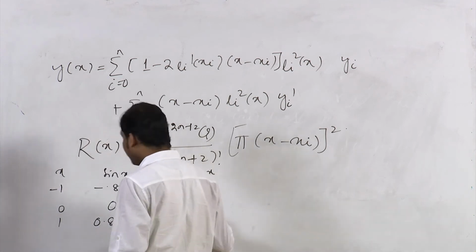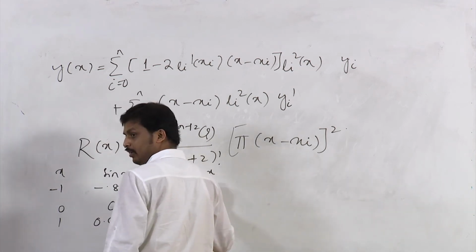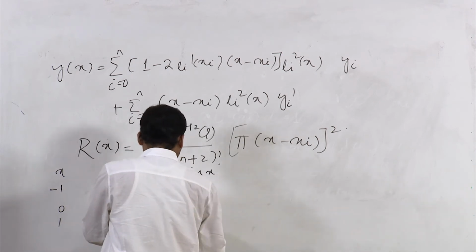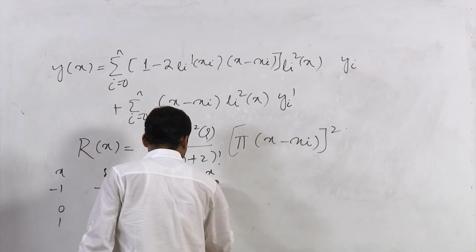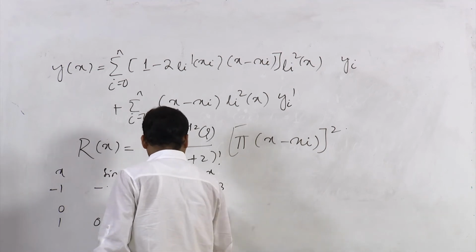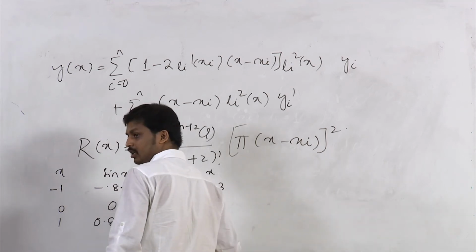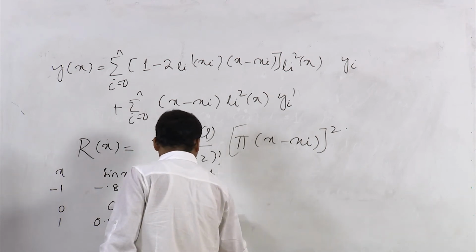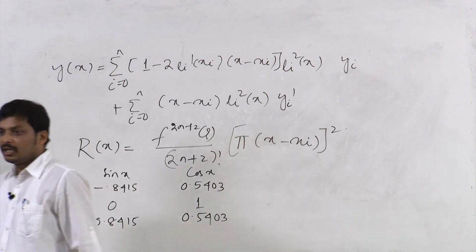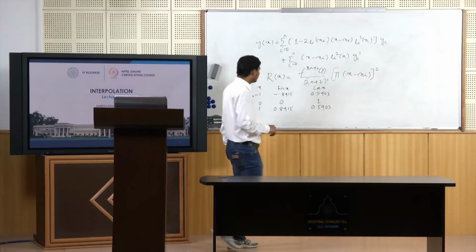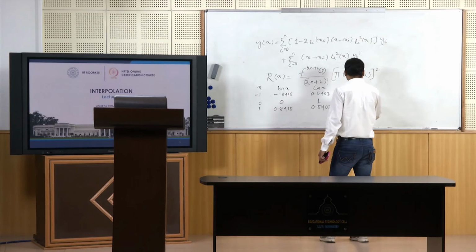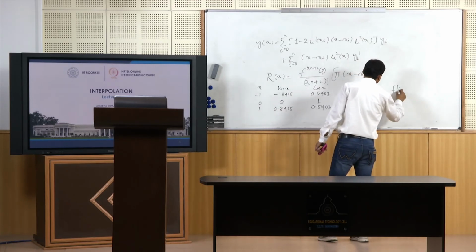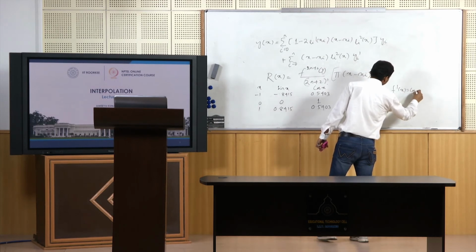Similarly, cos values are like 0.5403, cos 0 is 1, then this value is also 0.5403 here. And we have here, f of x is sin x, f dash x is your cos x here.